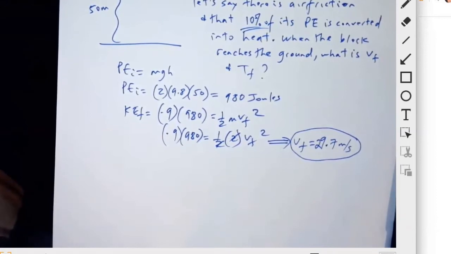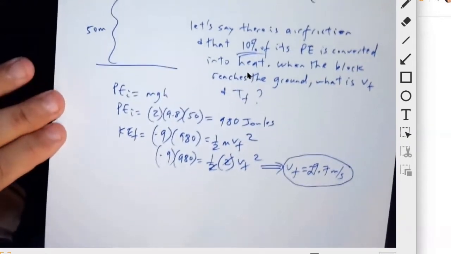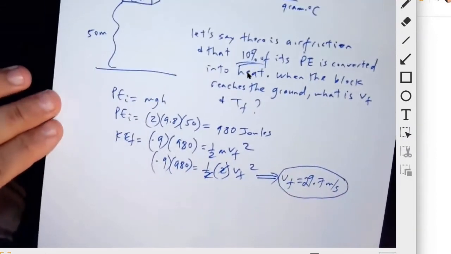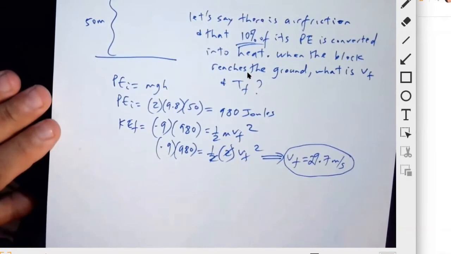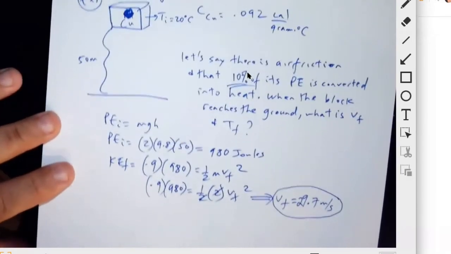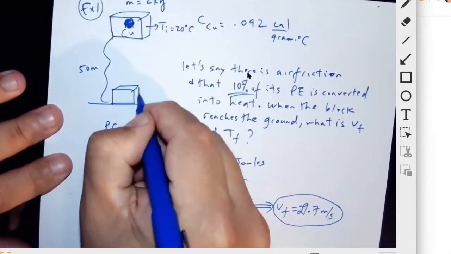Okay, now the rest of it, how do we find the final temperature? What should we do? I think what his question was, Professor, was that the potential energy is when it's stationary at 50 meters above, and once it starts moving, then you go into the kinetic energy equation.